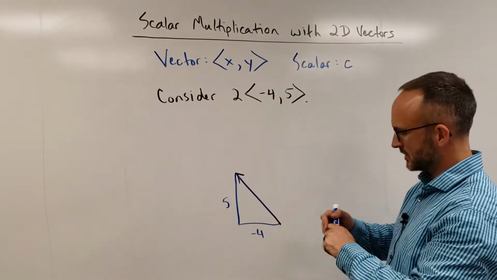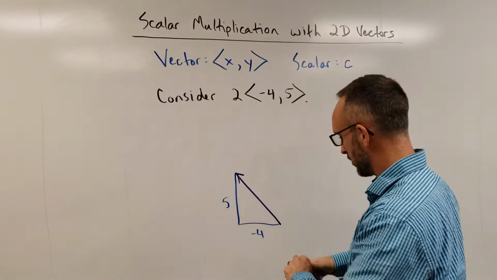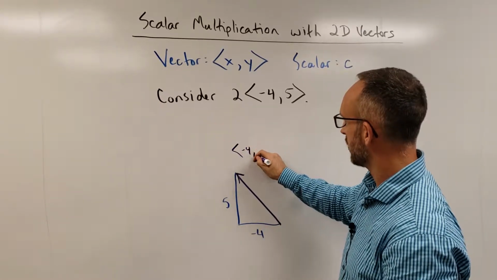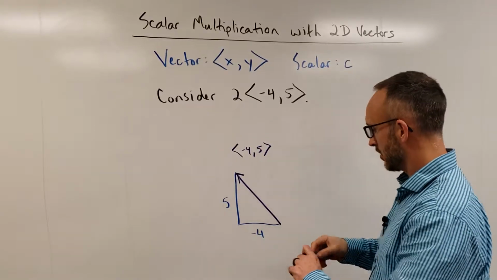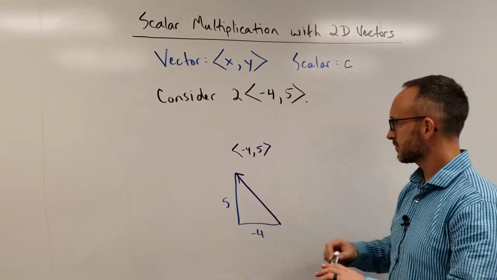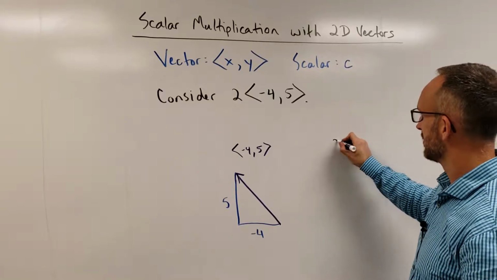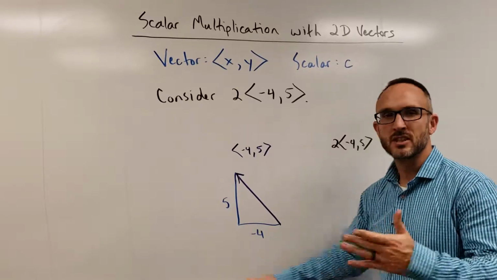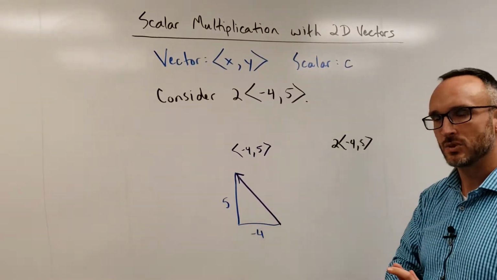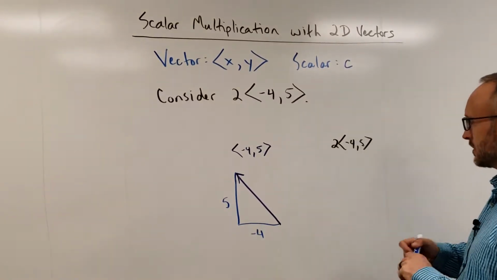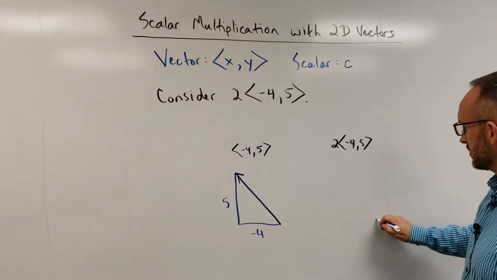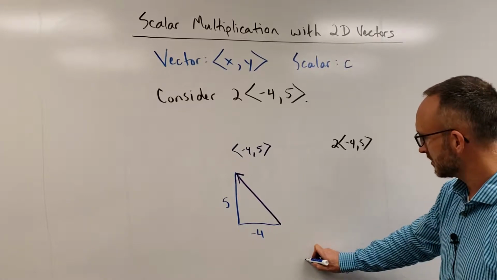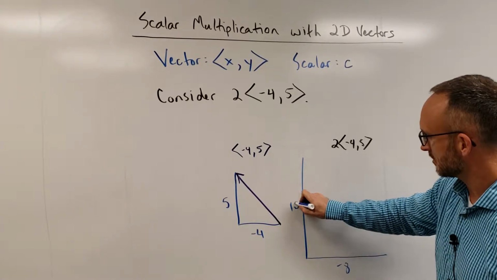And so this is the vector, let's use purple. This is the vector -4, 5. And so if you look at the vector 2 times -4, 5, oftentimes you don't draw these, by the way. I'm just explaining what's happening here. 2 times -4, 5, the -4 turns into -8, twice as long, and the 5 turns into 10, twice as long.